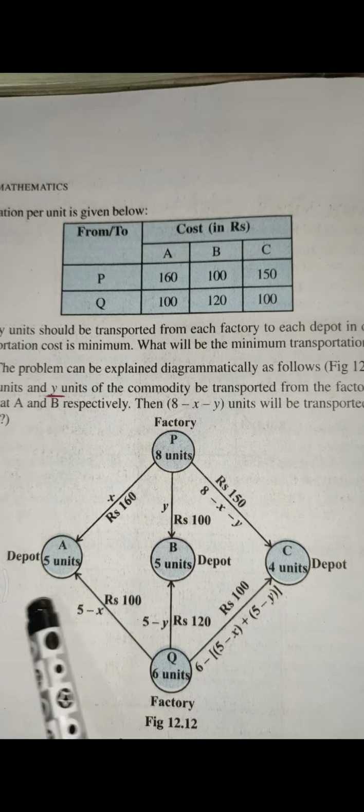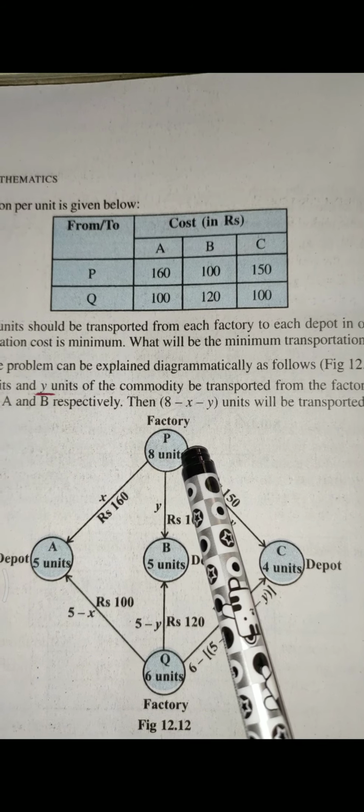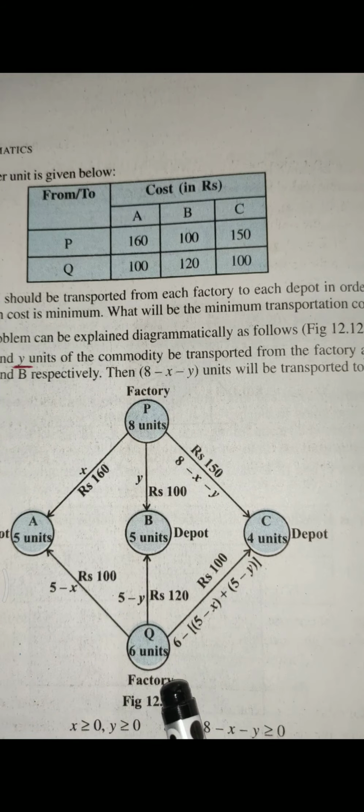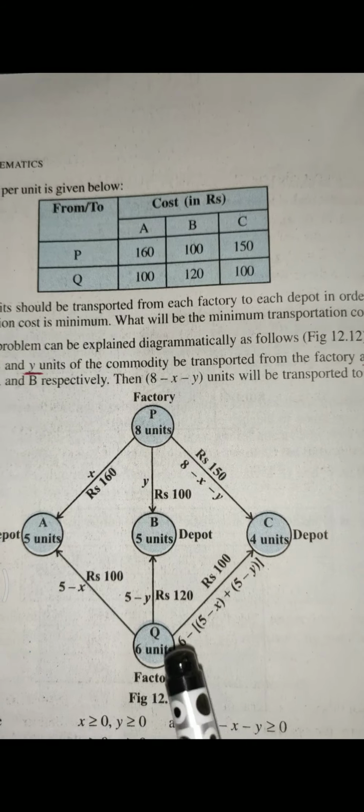X we have supplied from P. So the remaining, from where will it come? From Q. But why will it come? Because in the beginning I explained that the total production is equal to the total requirement. So X units we have supplied and 5 units we want, so the remaining we will take from factory Q. So 5 minus X we take from factory Q.